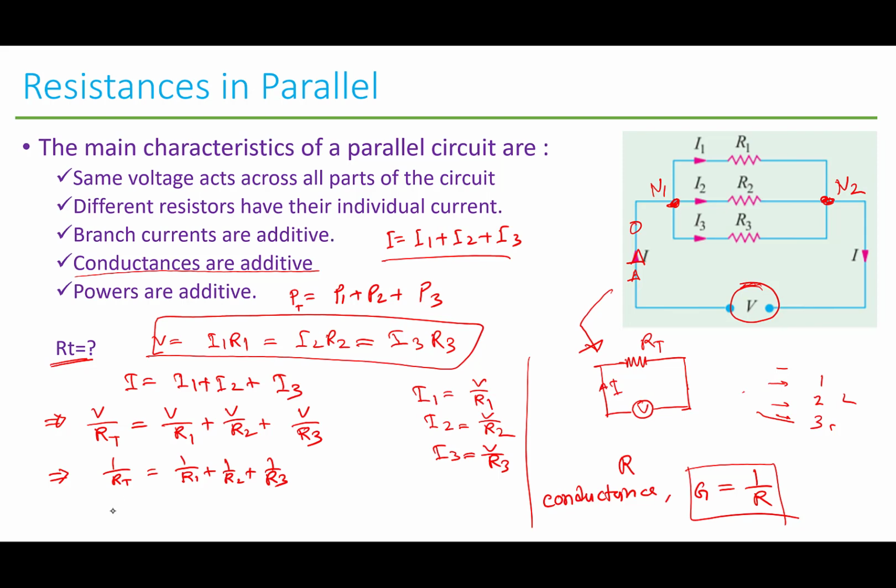This RT is the equivalent total resistance. So you can either remember this expression to find out RT, which equals 1 over the sum, or you can remember this expression.